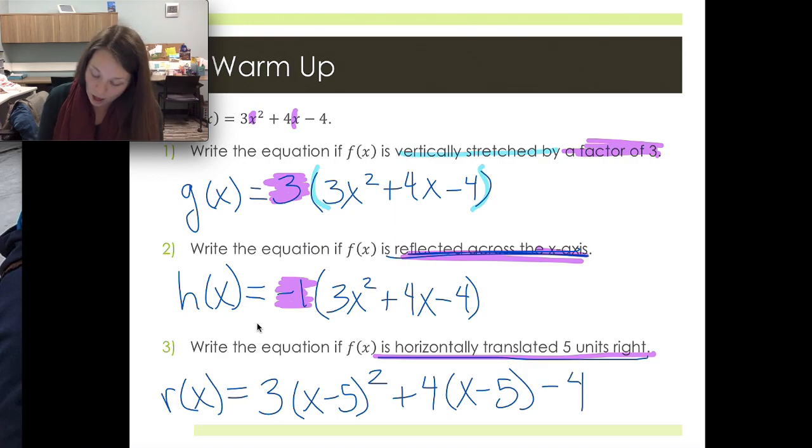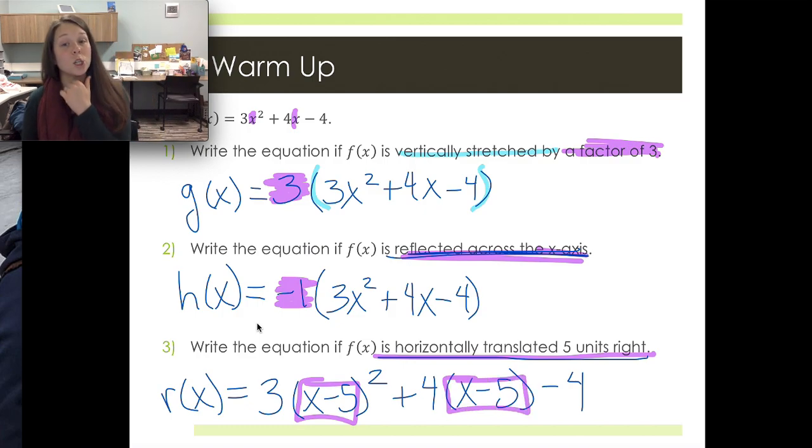Notice that everywhere there was originally just an x variable in my original equation, I replaced it with x minus 5 to represent this transformation of going to the right 5 units. This process that we just went through with these 3 problems is what we're going to be seeing in the lesson today.